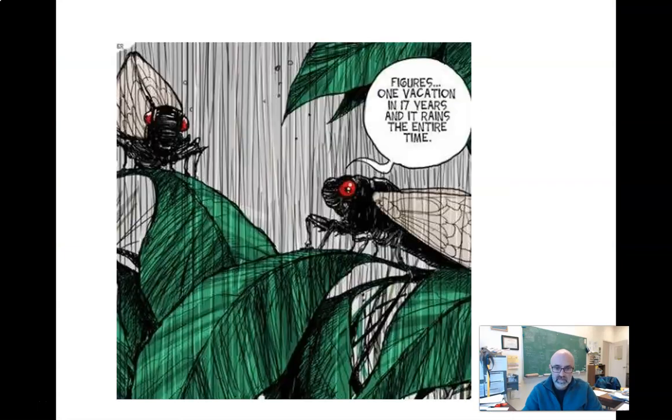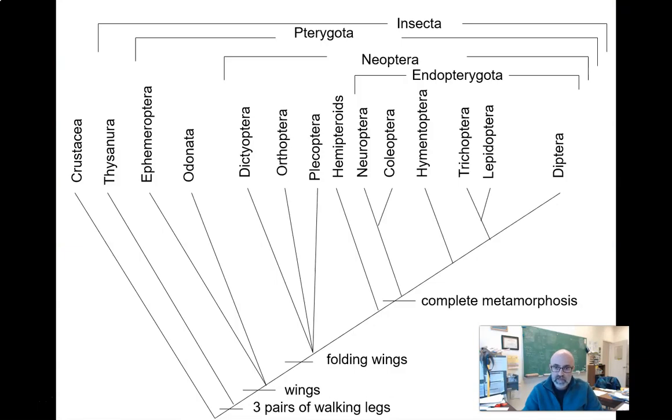Don't worry about this slide. This is just an FYI. These are levels of different classes and insect orders: Odonata, Dictyoptera, etc. We see here that complete metamorphosis, holometabolous metamorphosis, was a fairly recent development, and that implies there must be something beneficial.